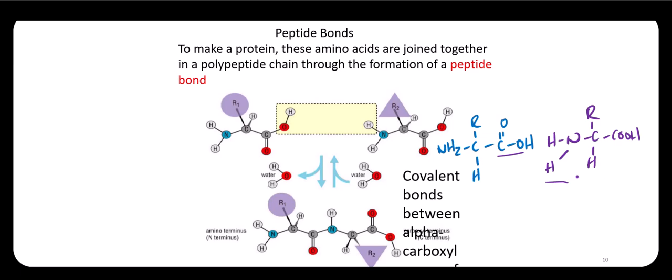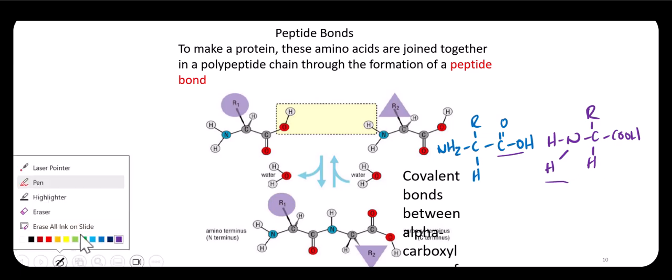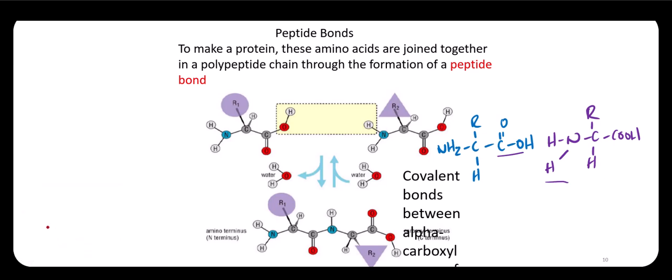What I'm going to do, the easiest way to think about it, is I'm going to pull the water out. I'm going to get an H and an OH out of there. By doing that, I can join them.